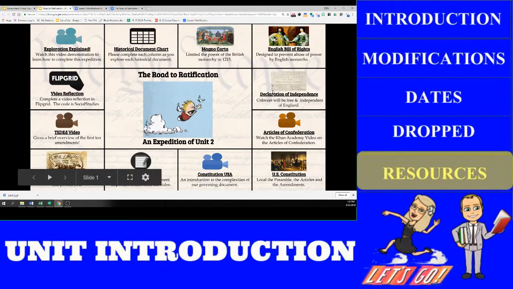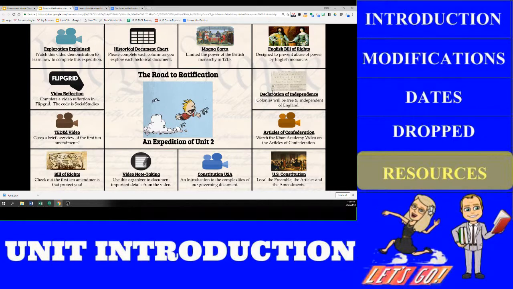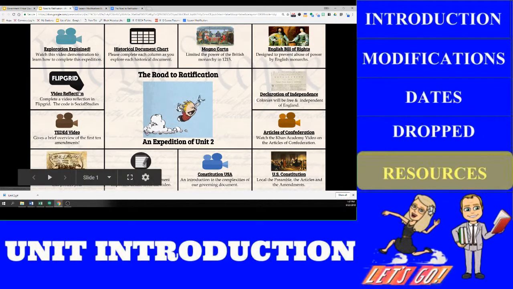So many interesting things about the material in this unit that you can find on this expedition, guys. If you want to be successful, if you want to learn about government, hey, make sure you go through this. And then at the very end, there's either going to be a Flipgrid, we might do a Padlet, but you can share the information that you learn, and you're going to be able to get a 10-point test grade, extra credit. So if you want that, make sure you do the Flipgrid or the Padlet.